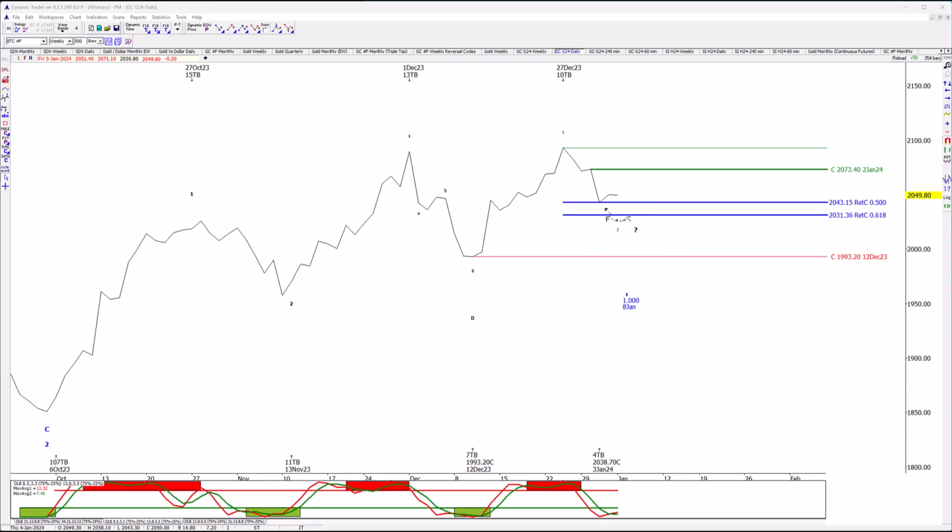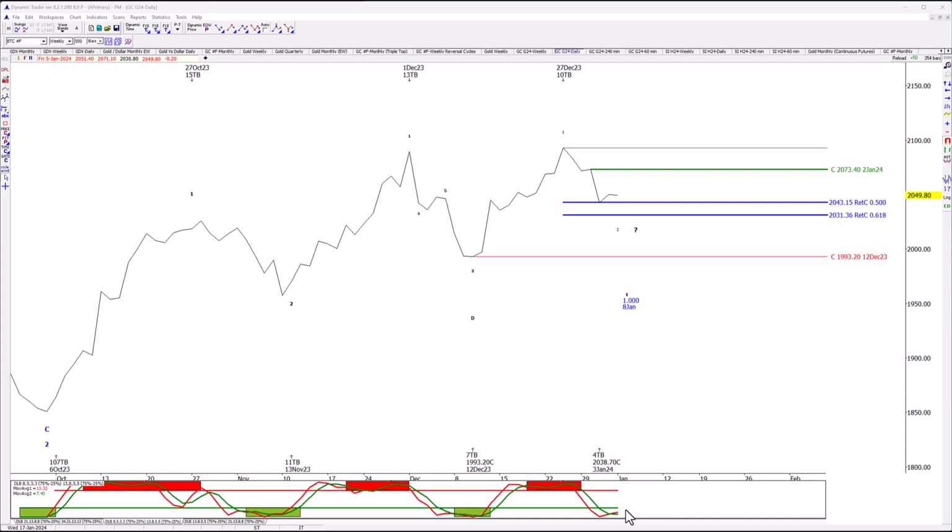It's spot on almost to the tick. So we had this retracement to the 50% level, and now we've had a daily momentum bull reversal. That puts gold in a position to have completed a little minor correction here.